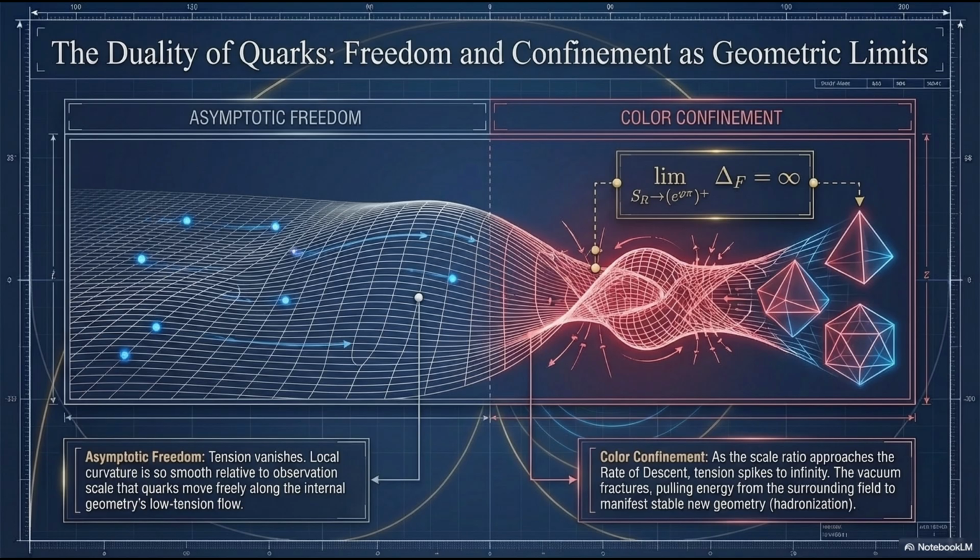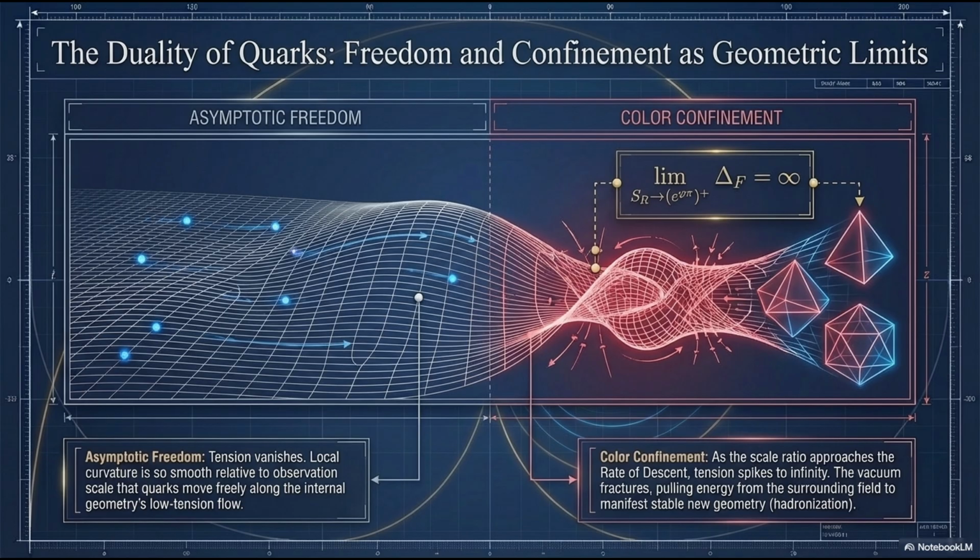Standard physics observes this and calls it hadronization, the spontaneous creation of new particles out of empty space. But IFD finally explains why it happens. It is the universe literally printing new topological structure to relieve that infinite geometric tension. So you stretch reality to the breaking point, and instead of snapping, it just instantly weaves more reality. That is just mind-blowing.